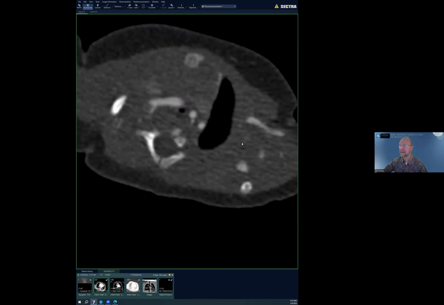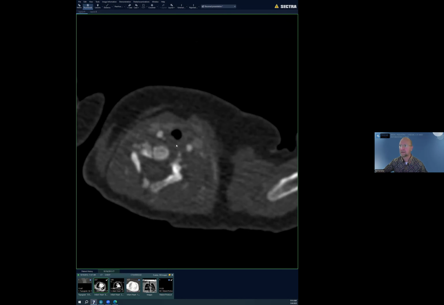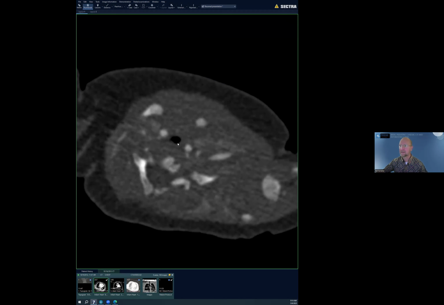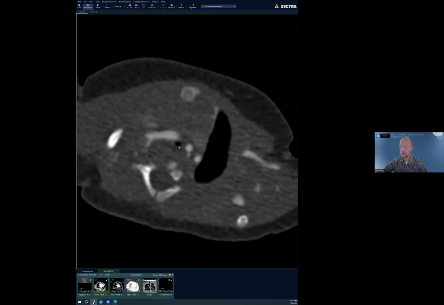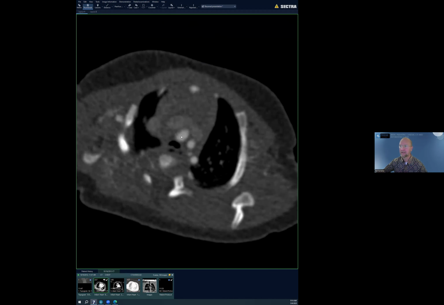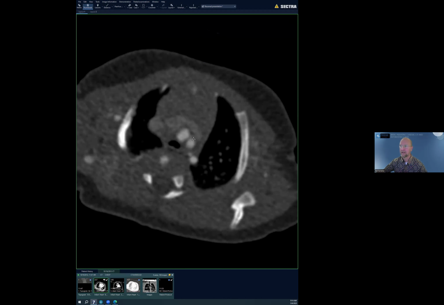And if you look at this axial view, again, coming from the top, from the apex, we see our trachea gets very narrowed. And the narrowest point right here is exactly at the crossing of that right brachiocephalic artery.